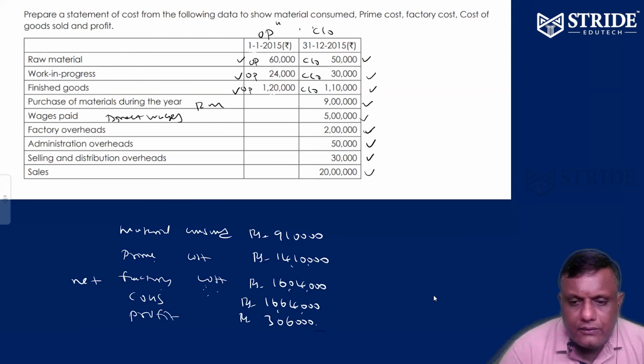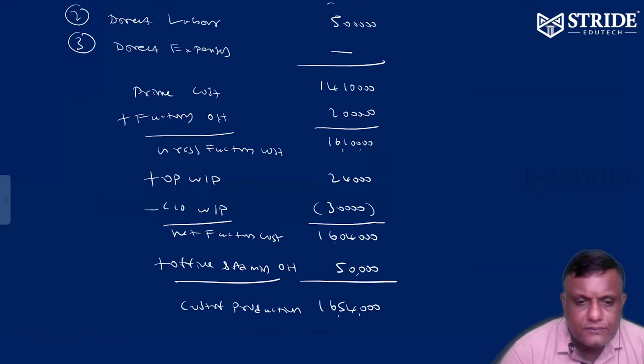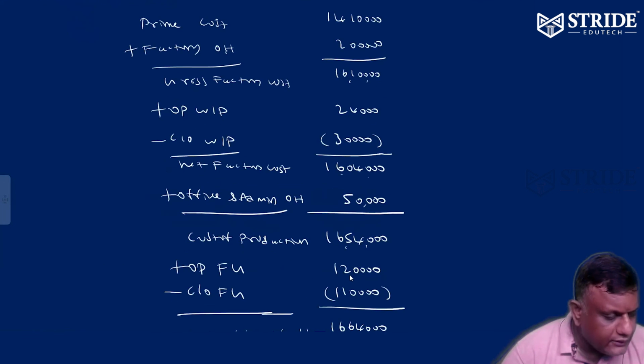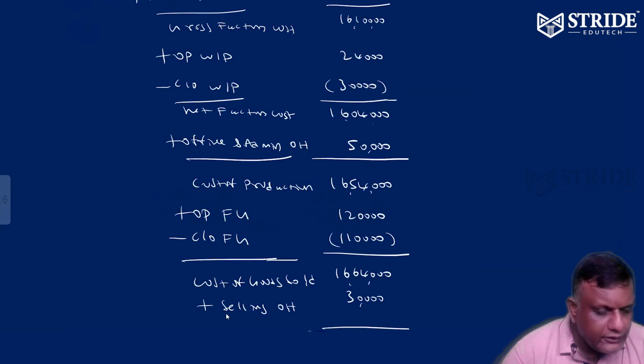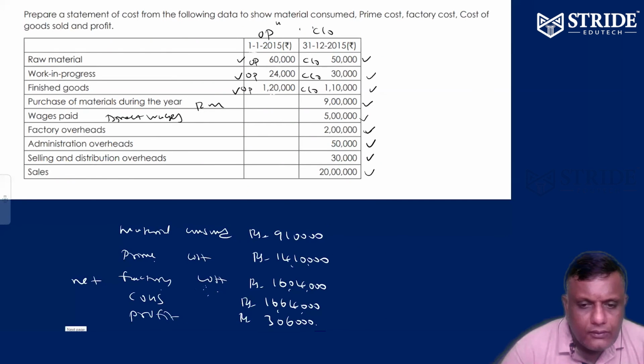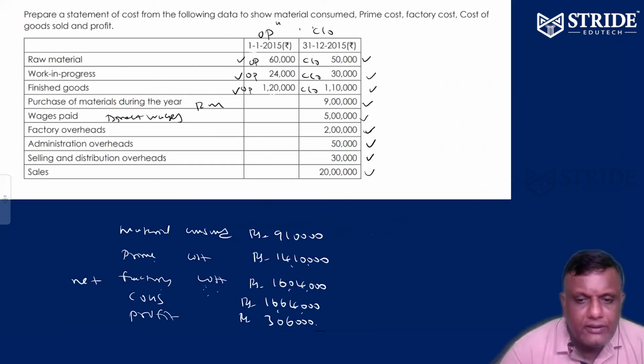Net factory cost 16,04,000. Cost of goods sold 16,64,000. Profit 3,06,000.